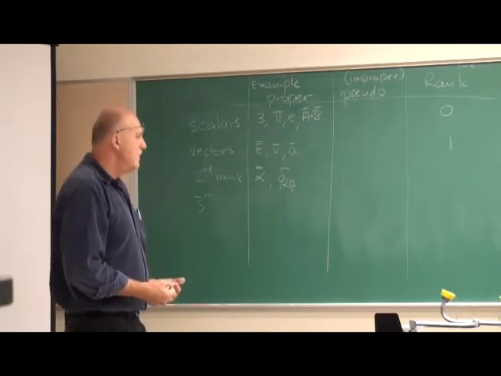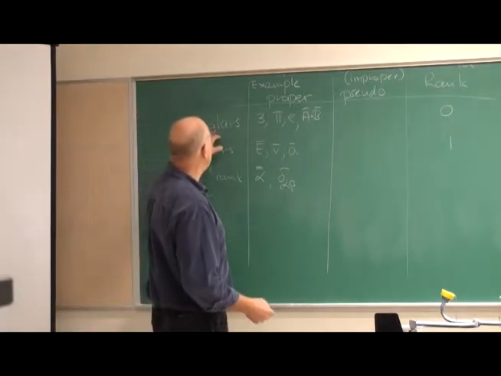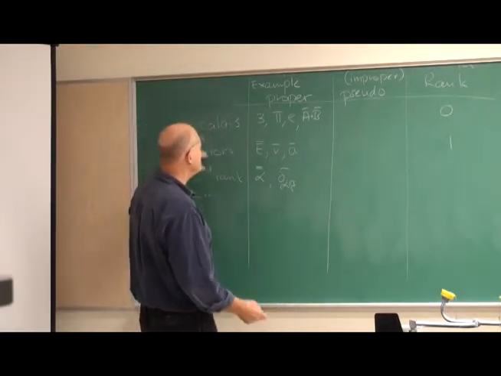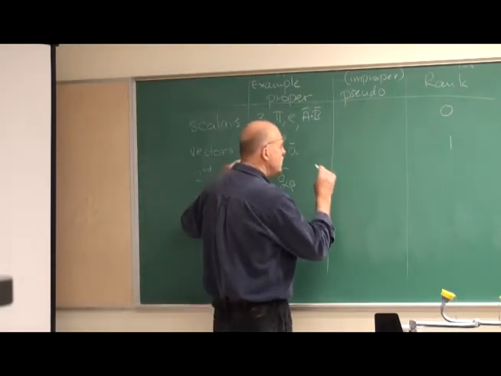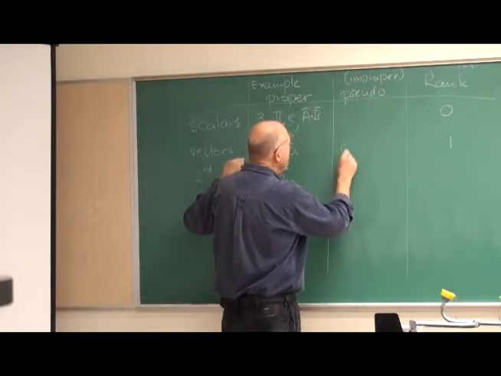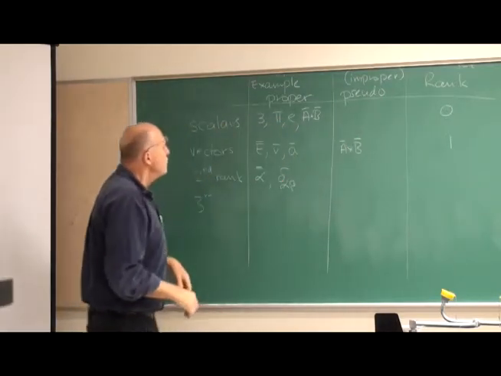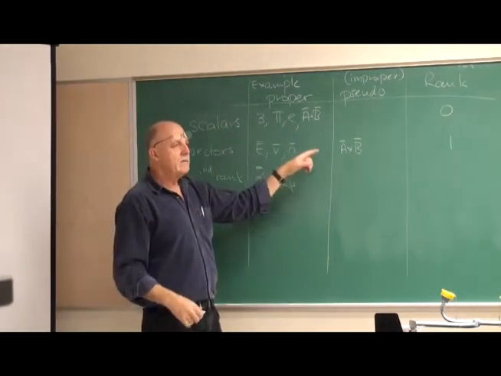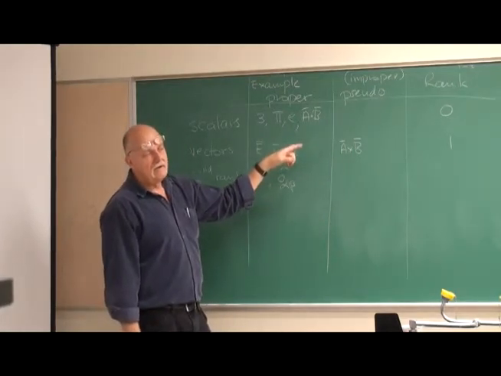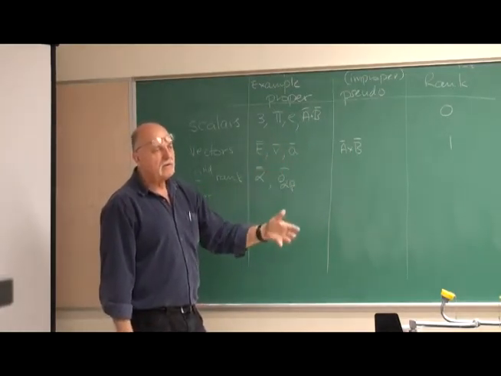is concerned. So there are pseudo everything, pseudo scalars, pseudo vectors, and a pseudo vector is A cross B. And this is a pseudo vector because it doesn't behave the right way when we invert the coordinate system.